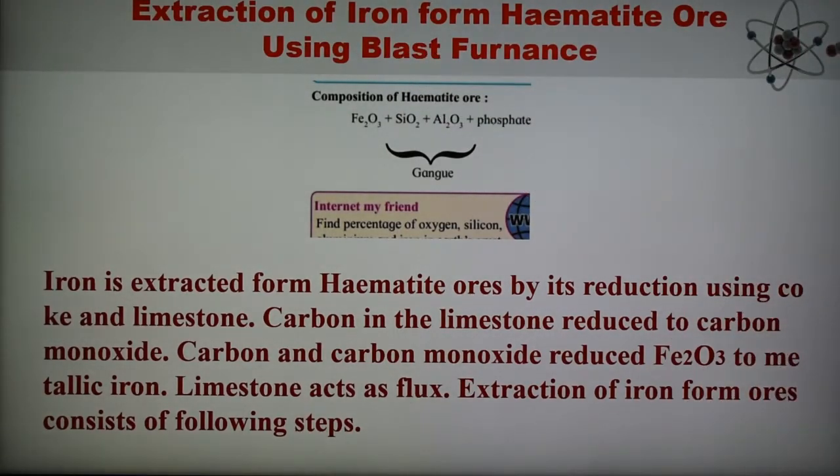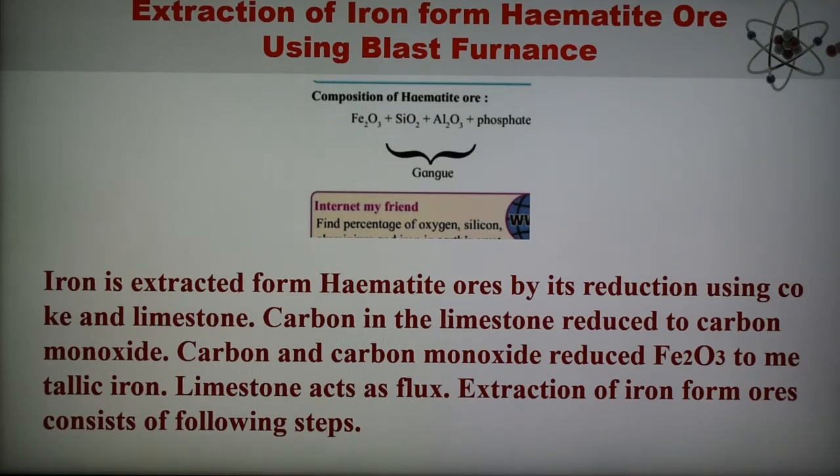The ore of iron is hematite, and we use a blast furnace. Furnaces are different to maintain different temperature. So different furnaces are there depending upon the ore and nature of the metal. We have to use a reverberatory furnace, blast furnace, muffle furnace, and so many different types of furnaces are there. But for the extraction of iron, blast furnace is used.